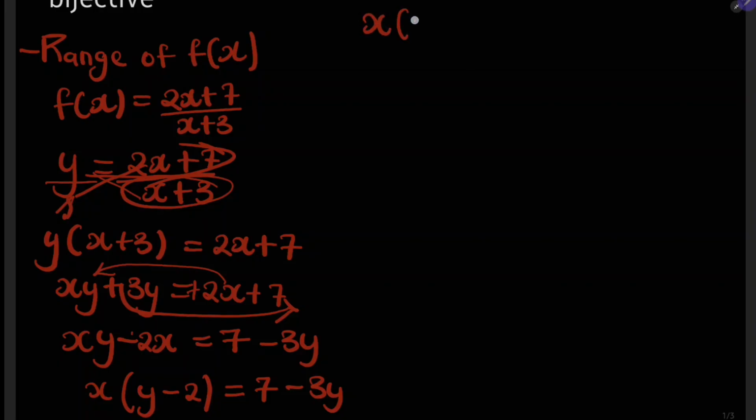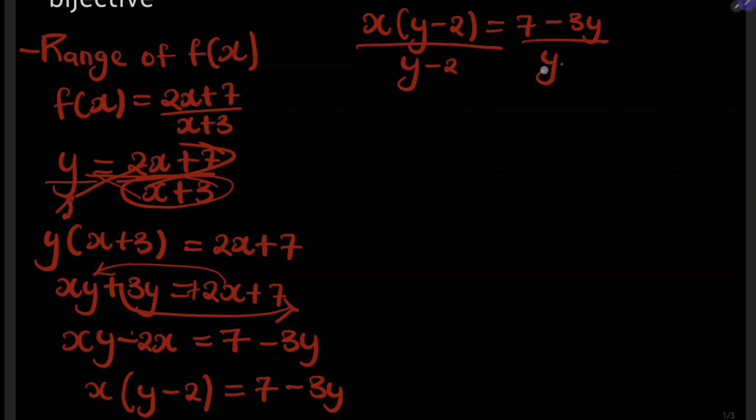So we have x into y minus 2 equal to 7 minus 3y. We will divide both sides by y minus 2 here and y minus 2 here. This will cancel.